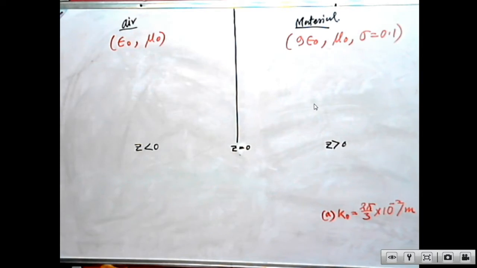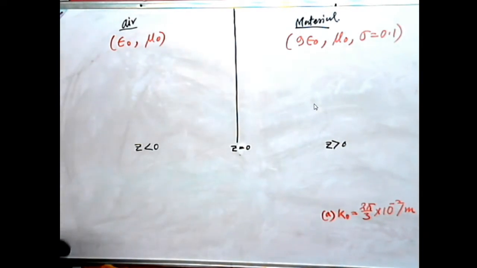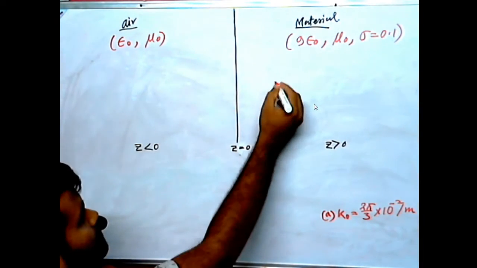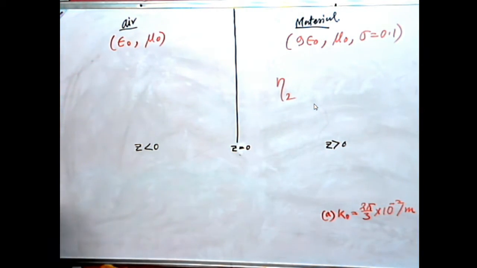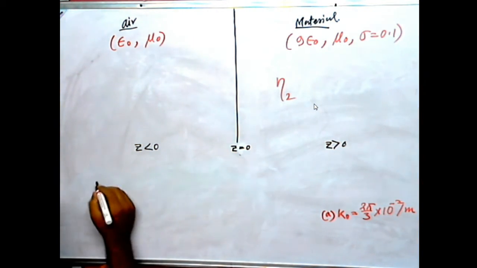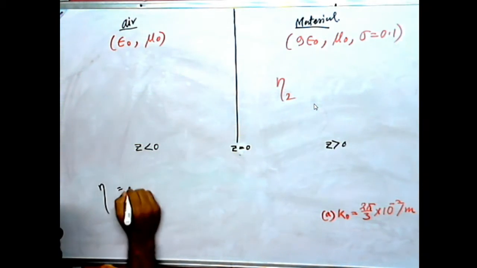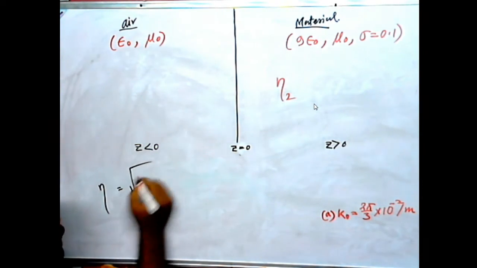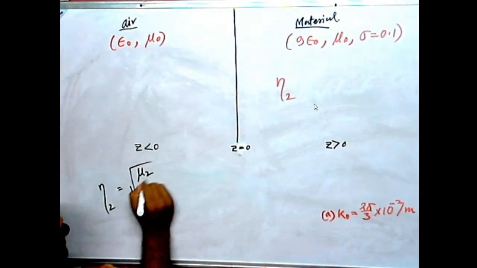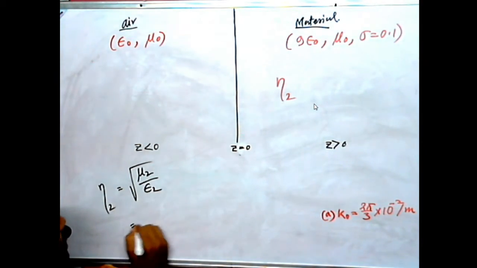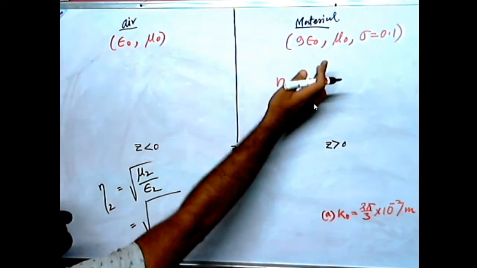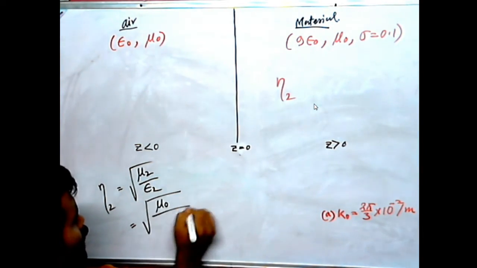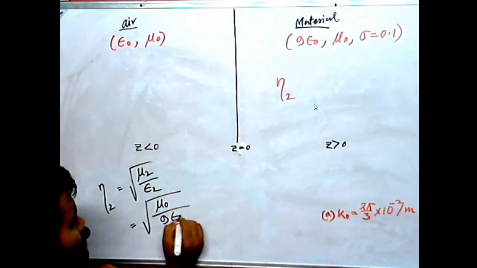Now the second part of question A is to determine η2. This is very simple. You know, η is basically √(μ/ε). So η2 is √(μ2/ε2), meaning for medium 2, μ2 is simply μ0 and ε2 is 9ε0.